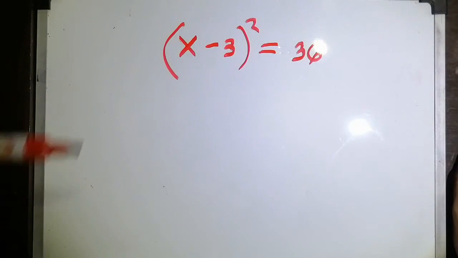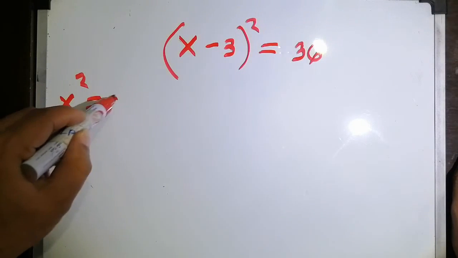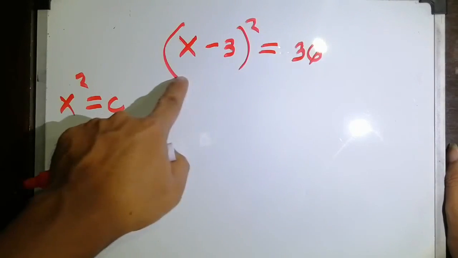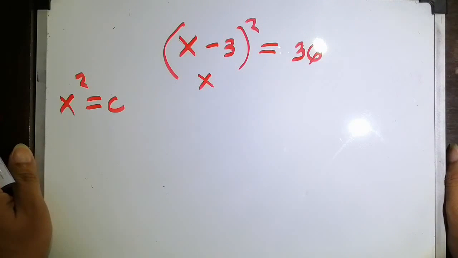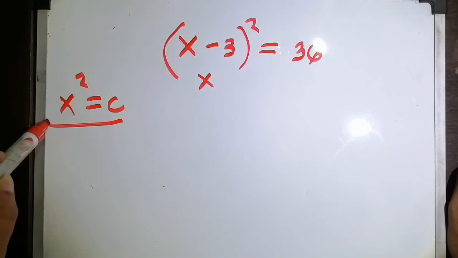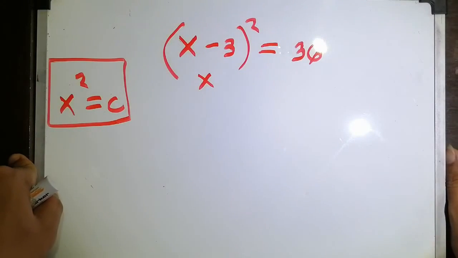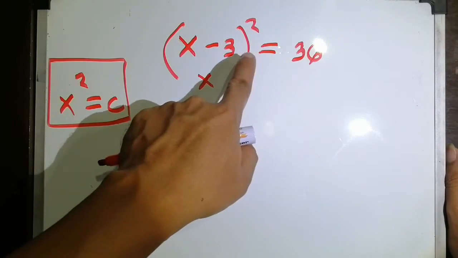So ang ating pagbabasihan pa rin is x square equals c. Okay, so dito titingnan lang natin to as one term, as x lang. Okay, so parang ganito natin siya i-solve. Huwag nyo masyadong problemahin yung parentheses. Right, so since x lang yun, ibig sabihin x square lang yun.